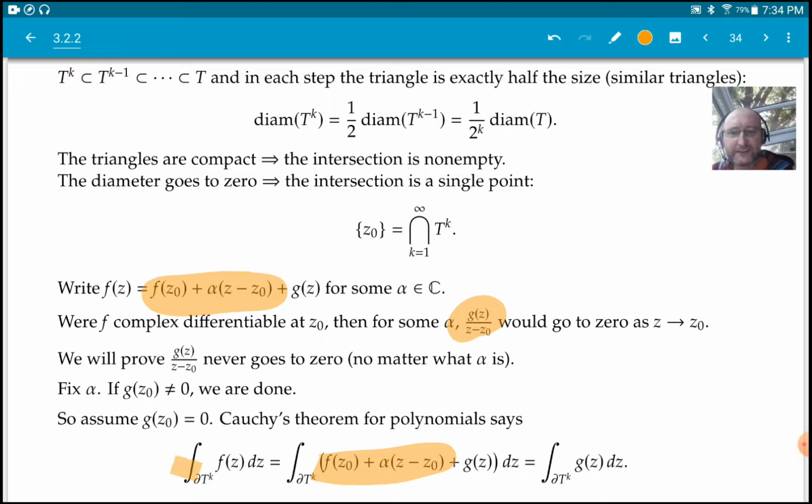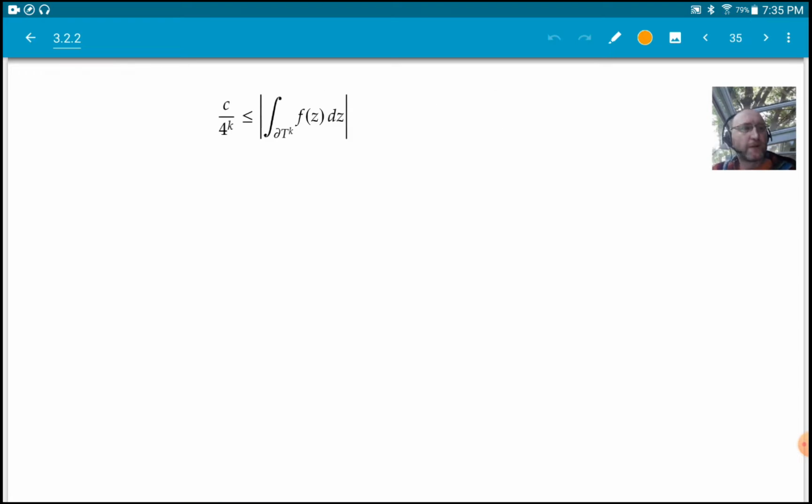So that means that the integral around this triangle for f is the same as the integral of g. So we can just go to g. We know something about the integral of f around the kth triangle, namely, it's bigger than or equal to c over 4 to the k. Well, that's the same as the integral of g.